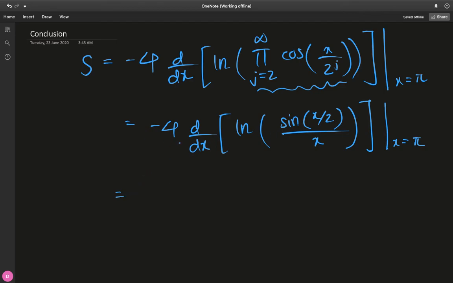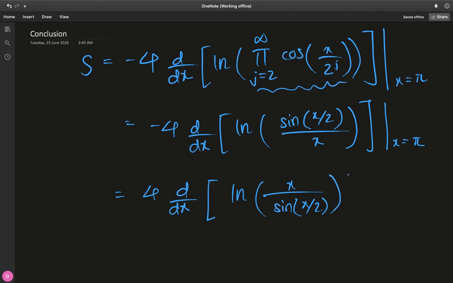So I'm going to take the negative inside and then flip the argument by a log property. So we have 4 times the derivative with respect to x of the natural log of x over sine of x over 2, and again evaluated at x equals pi.